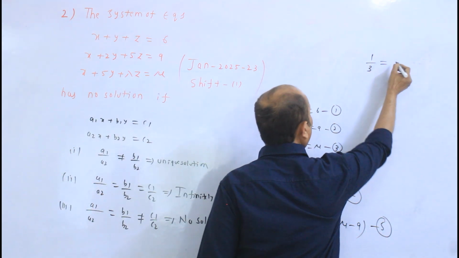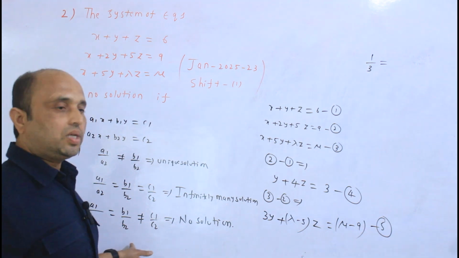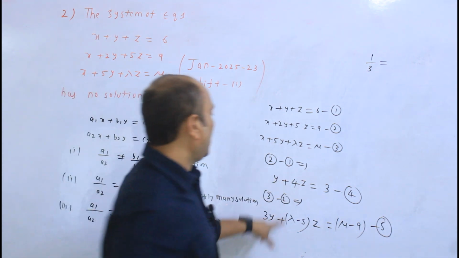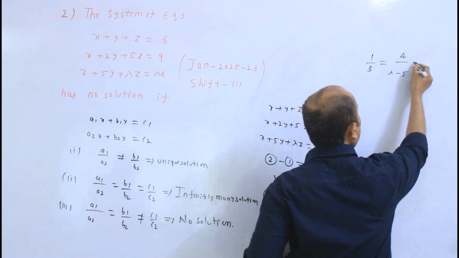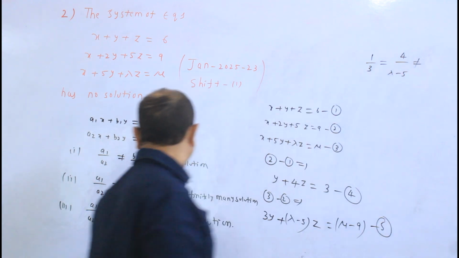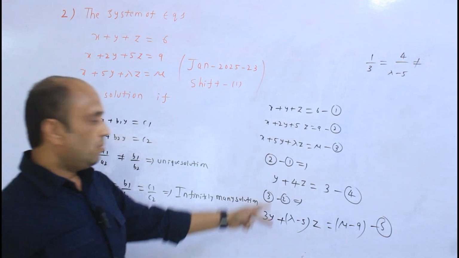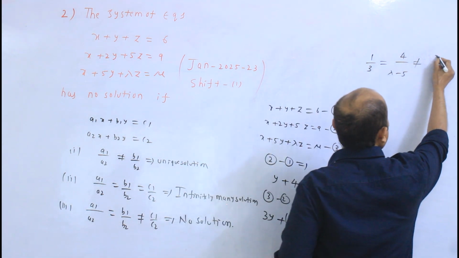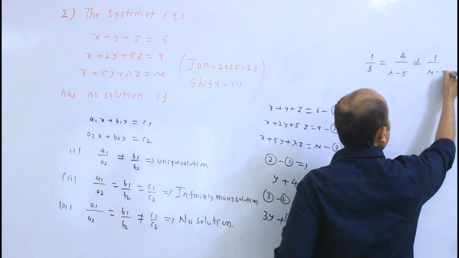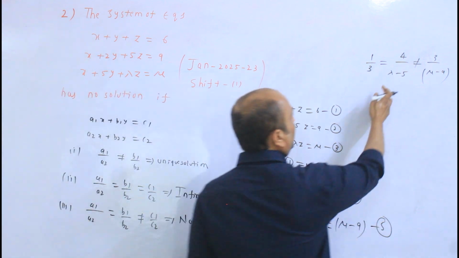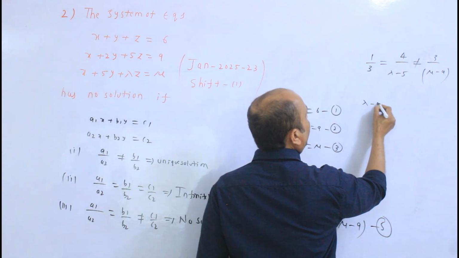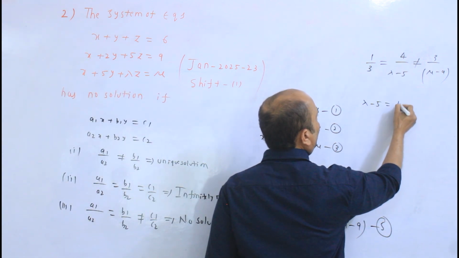For no solution, this is the condition: b1 by b2, 4 by lambda minus 5, not equal to c1 by c2, 3 by mu minus 9. Now cross multiply and equate these two: lambda minus 5 is equal to 12.